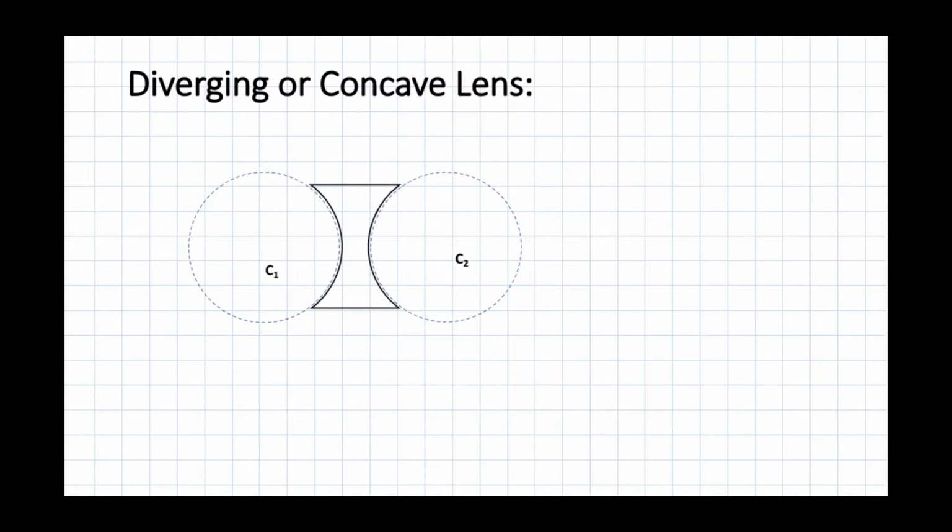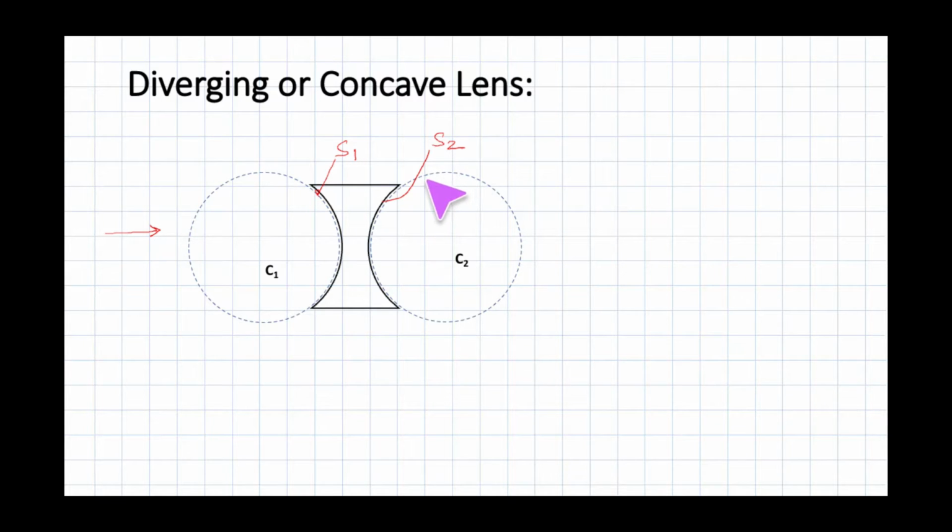Another type of lens we saw is a diverging or concave lens. See, it is formed with the help of two spherical surfaces. When light travels from the object in this direction, the first surface is this, so that is S1, and this surface is S2.